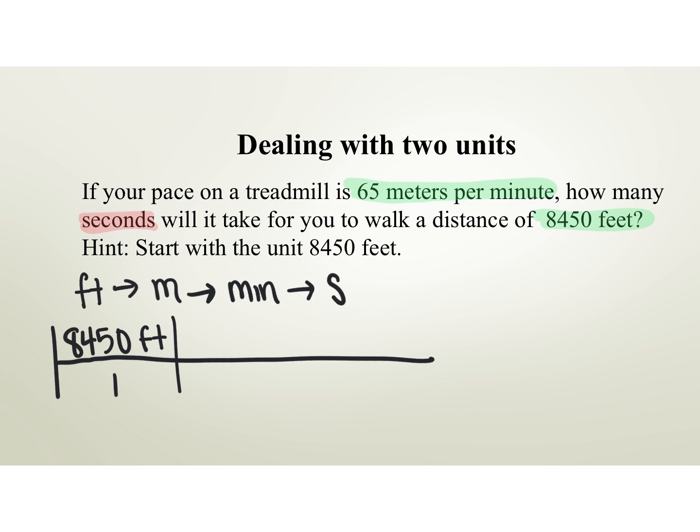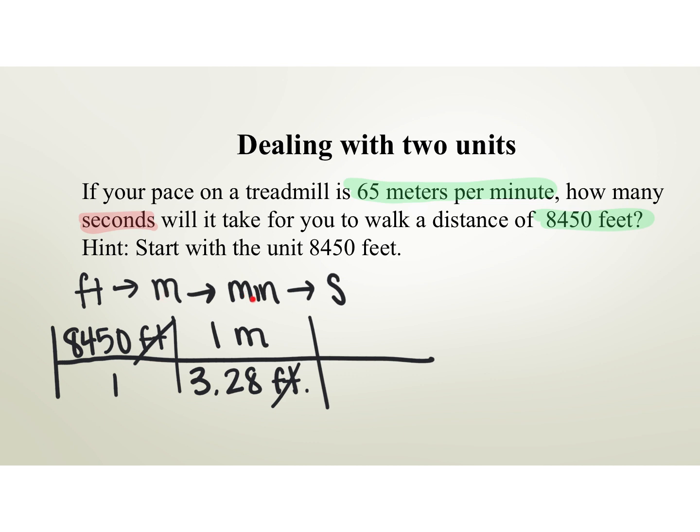So how many feet are in 1 meter? Okay, 3.28 feet. All right, what unit has to go on the bottom? Feet. And it was 3.28 feet for every 1 meter. All right, feet cancel.